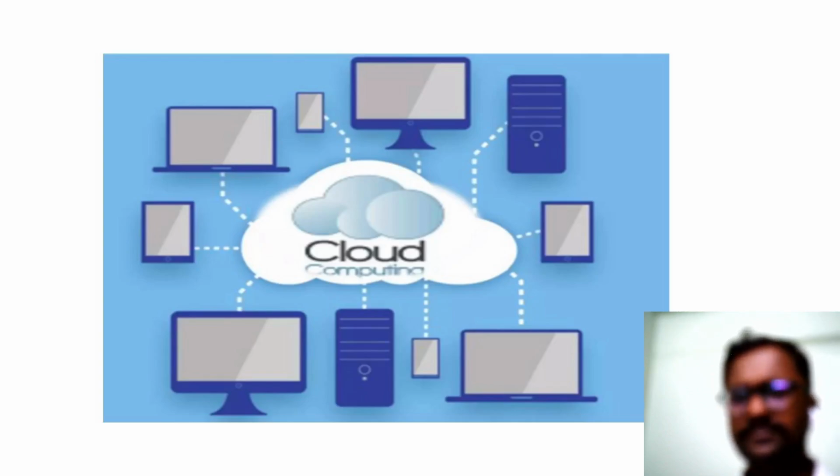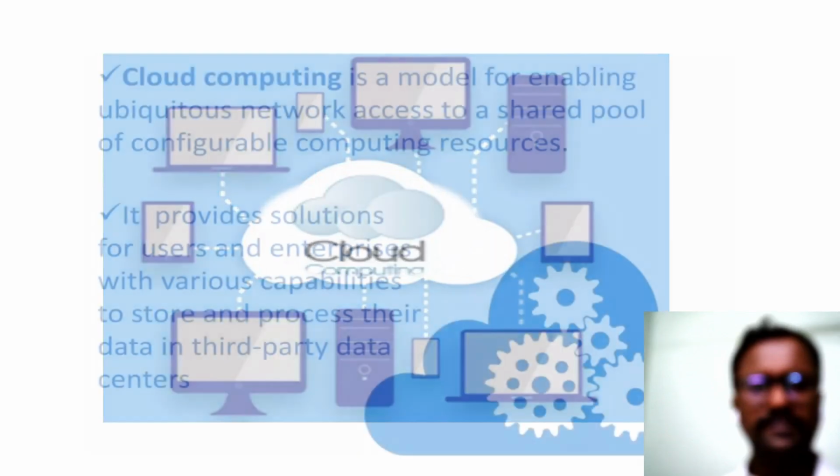These are the things we are going to see in cloud computing and how it works. And these are the services used in cloud computing. Now we move on to the next slide.